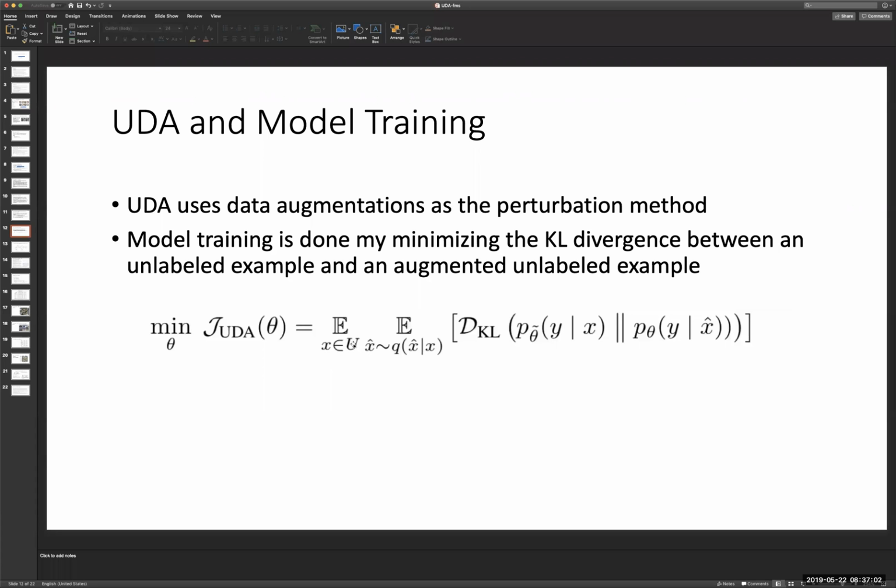Before it was X an element of L. So now we're using the unlabeled data, but the inner expectation is the same. We're using this augmentation distribution to generate our augmentation. This is a term within UDA training, the UDA objective function.